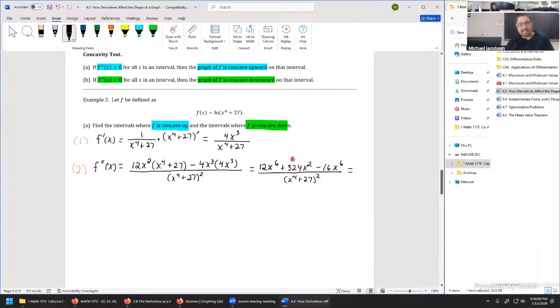For factoring purposes, I think it's easier to just copy that term first. 324 x squared minus 4 x power 6 divided by x power 4 plus 27 squared.